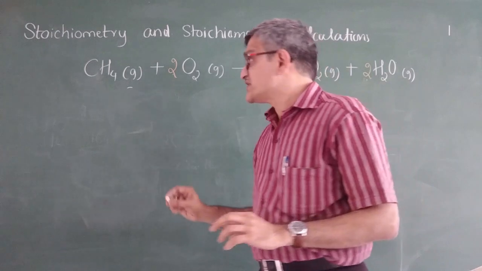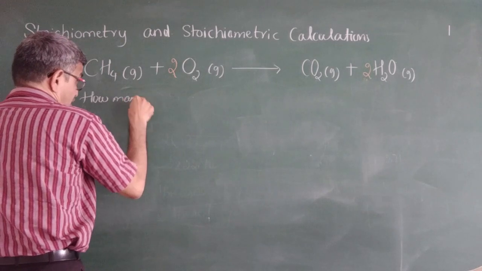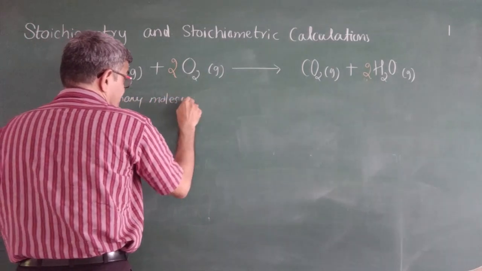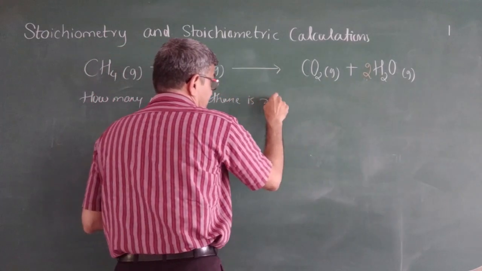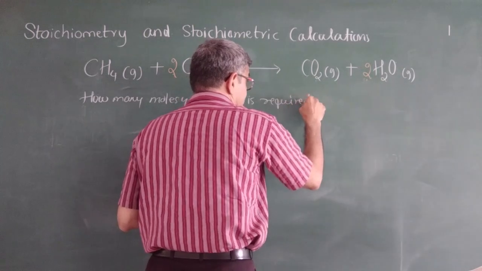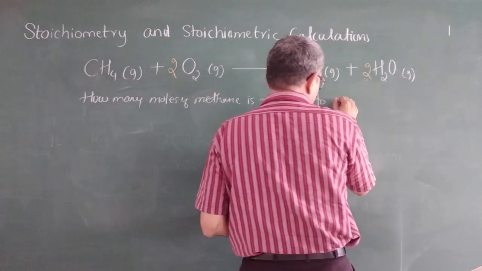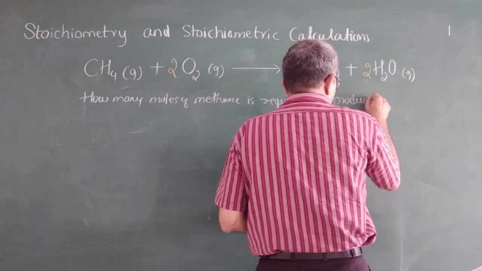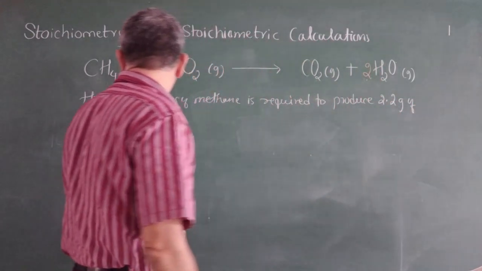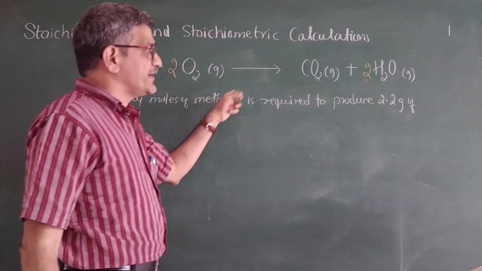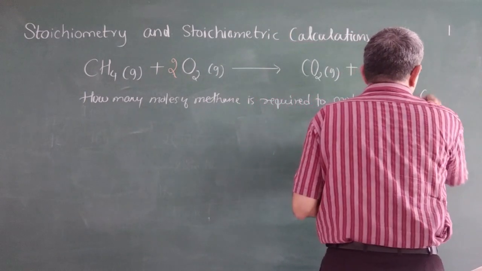How many moles of methane is required to produce 2.2 gram of carbon dioxide?